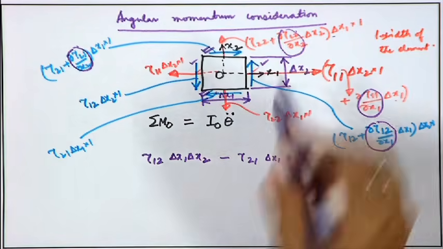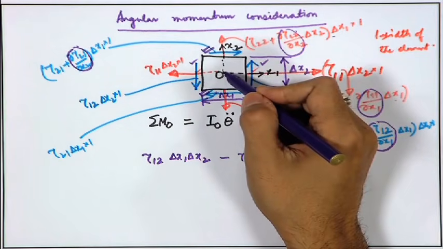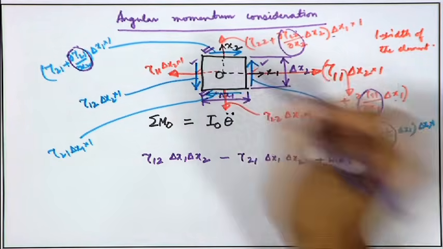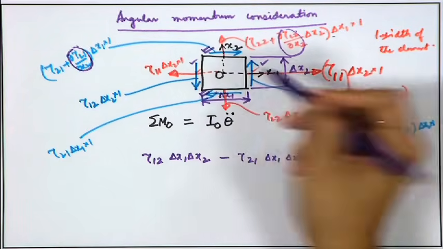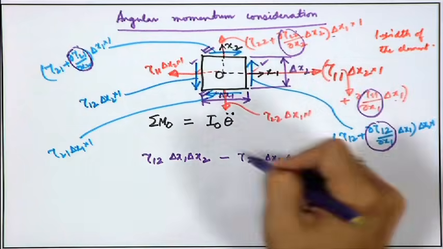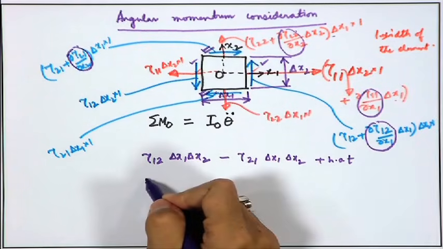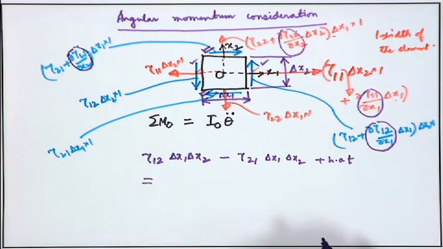If there is any body force that passes through the point O, that will also not create any moment. So, even if there is a body force, it is still okay, that will not give rise to a moment. That is equal to the moment of inertia.